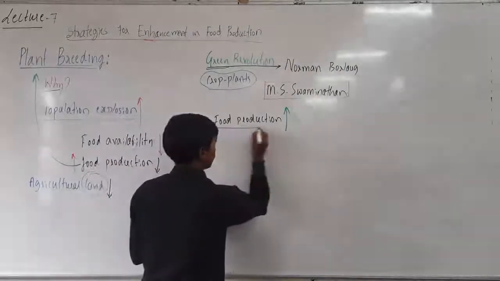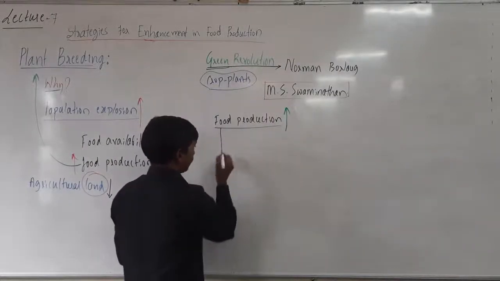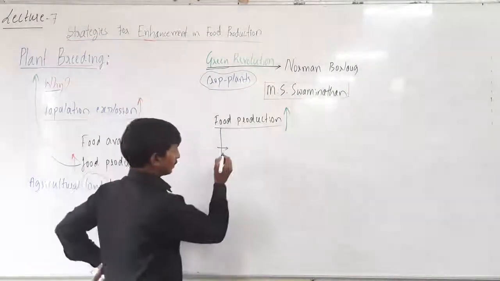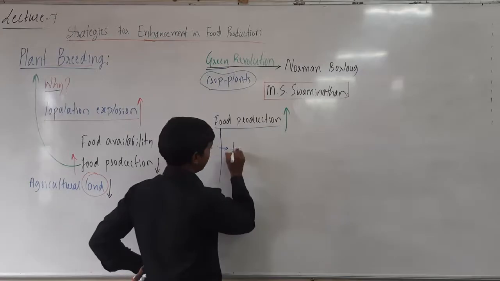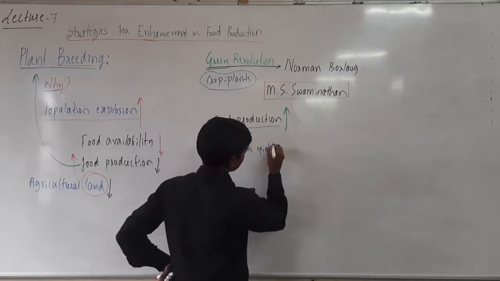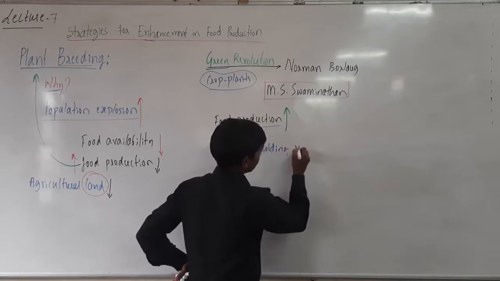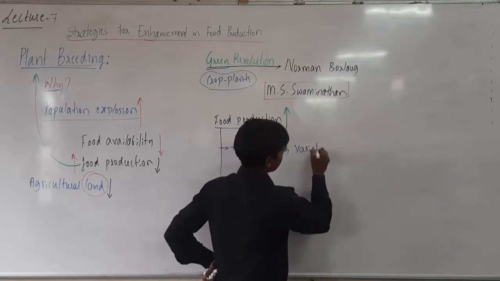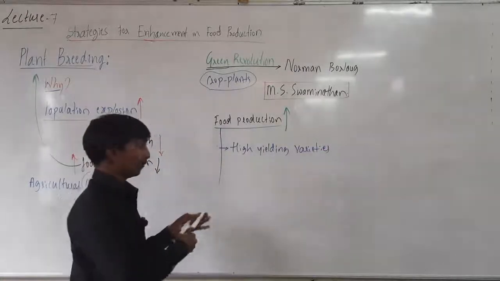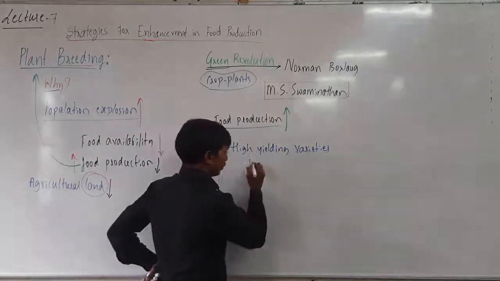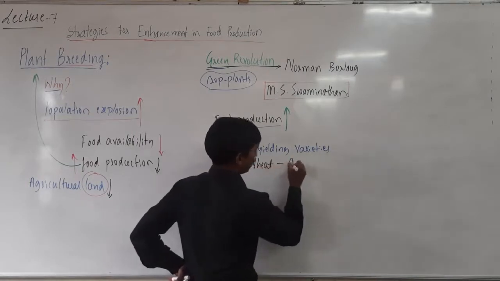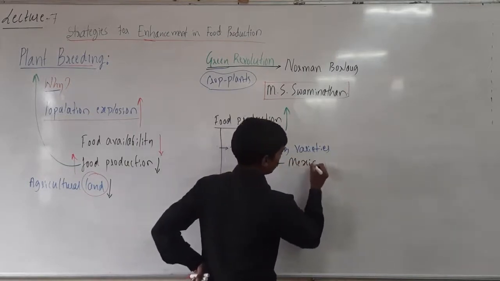So, food production can be increased firstly by using better yielding varieties or high yielding varieties. Mainly they have brought the varieties of wheat from Mexico.